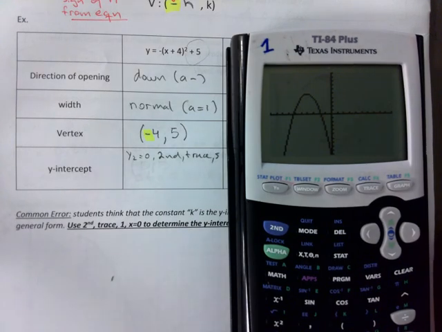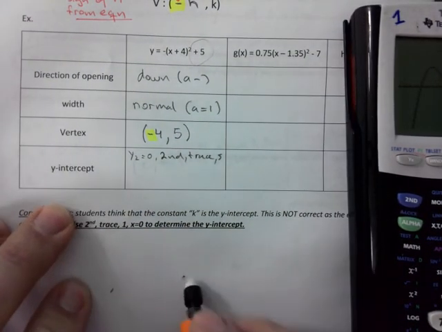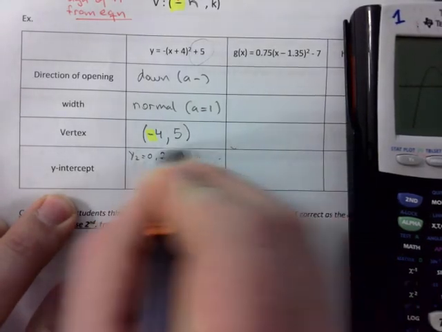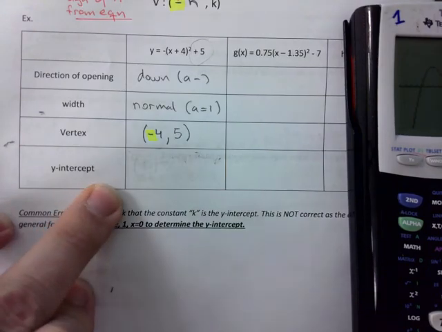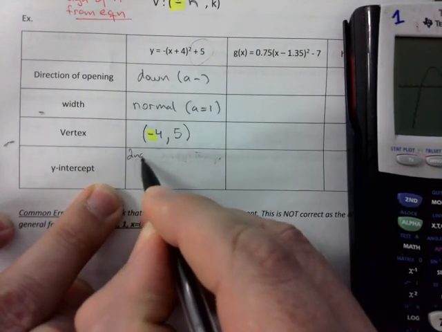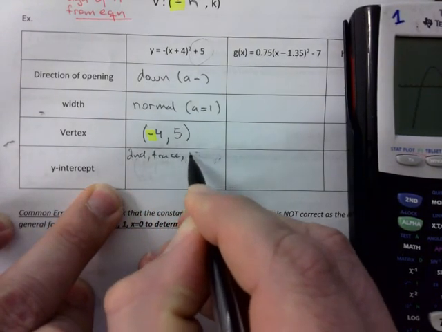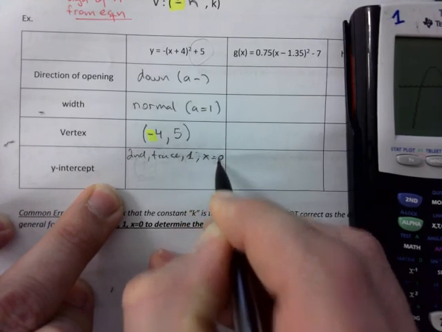I'm trying to find the x-intercepts, let's go back here. I did not mean to confuse you. That was not my intent. Sorry about that. We have to go 2nd, Trace, 1, x equals 0.